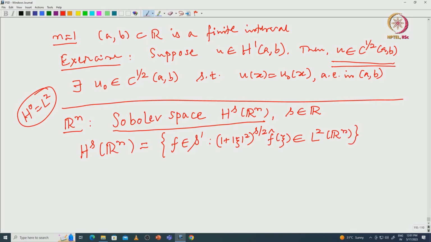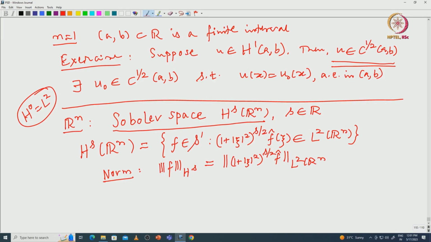And let me write, because we are using different norms, the triple norm here, H^s. This is nothing but the L2 norm of f cap in L2(R^n).